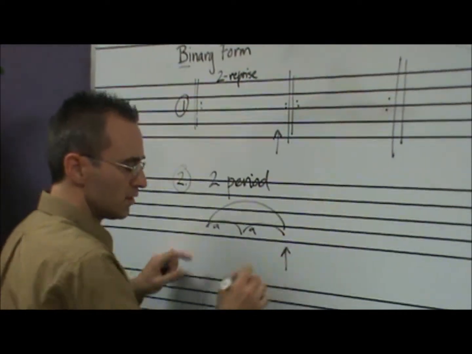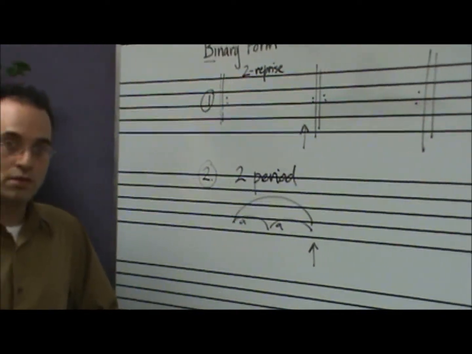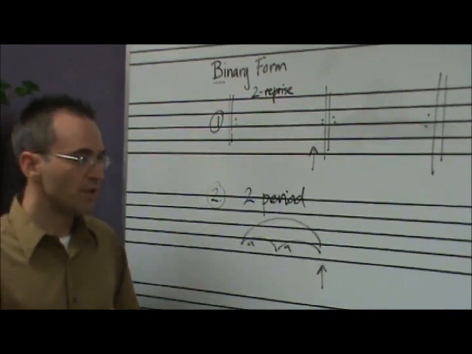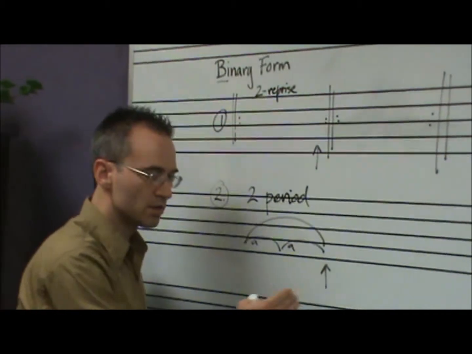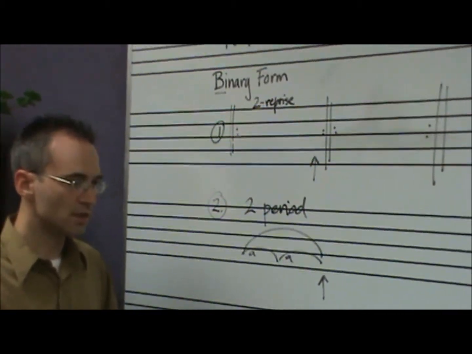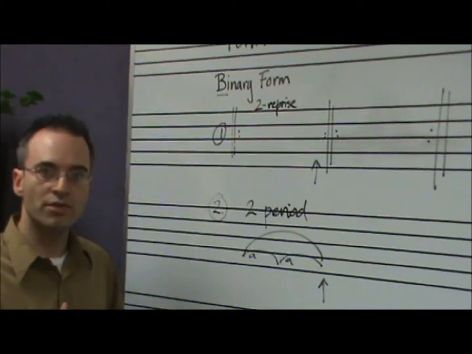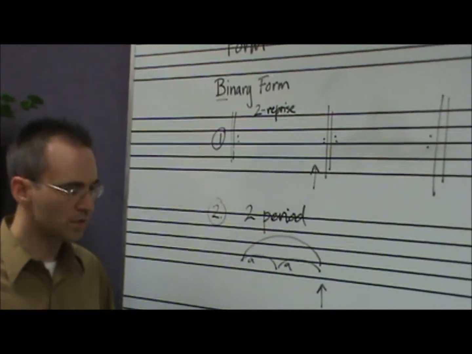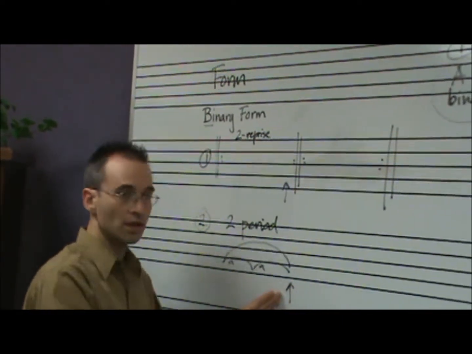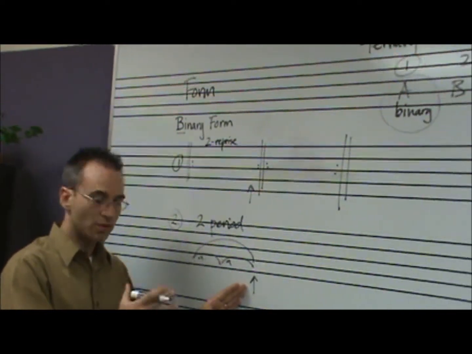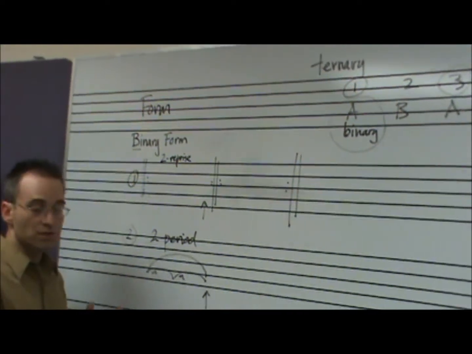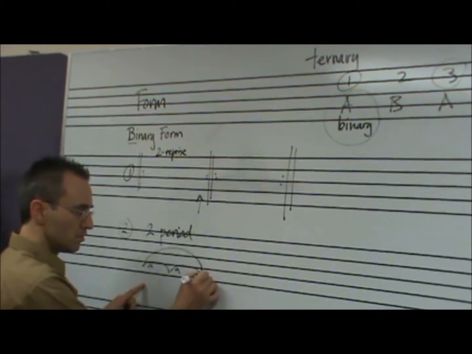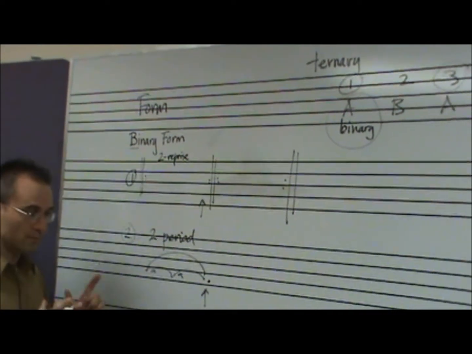If you've got a period, you've got closure. And the traditional way of looking at form is all about endings. Not so much about content, but about endings, because it's like they modeled their ideas of form on grammar. So the traditional viewpoint is to look for points of closure and say, that's a chunk, that's a part, that's a unit. It's a period. So you got your punctuation mark there saying, I'm done.